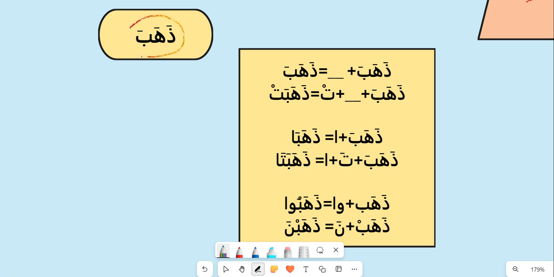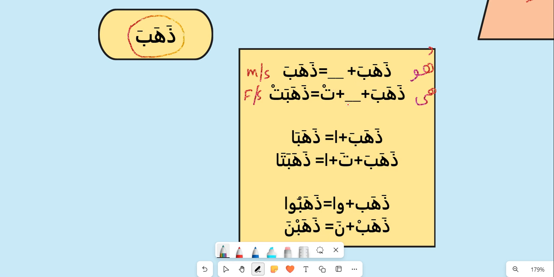So any trilateral verb that you use, for example, I gave you fa'ala, akala, kharaja. We will be using the original trilateral verb form, and you will see here in huwa. So in this case, we have huwa and hiya for male singular and female singular in the ghaib. Now we are doing the ghaib.